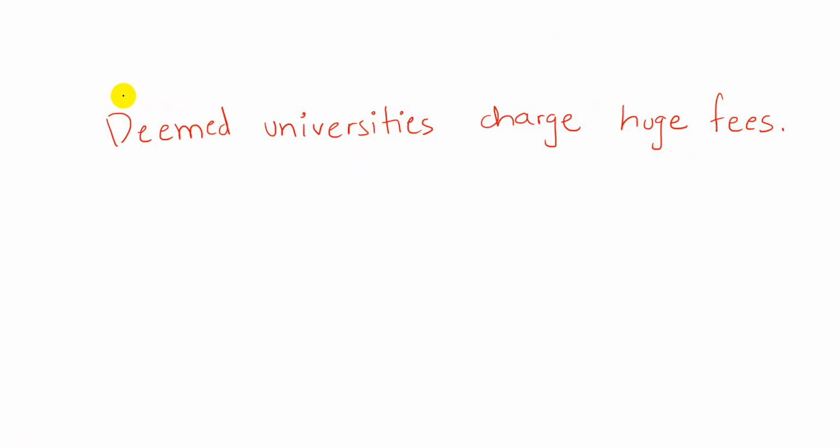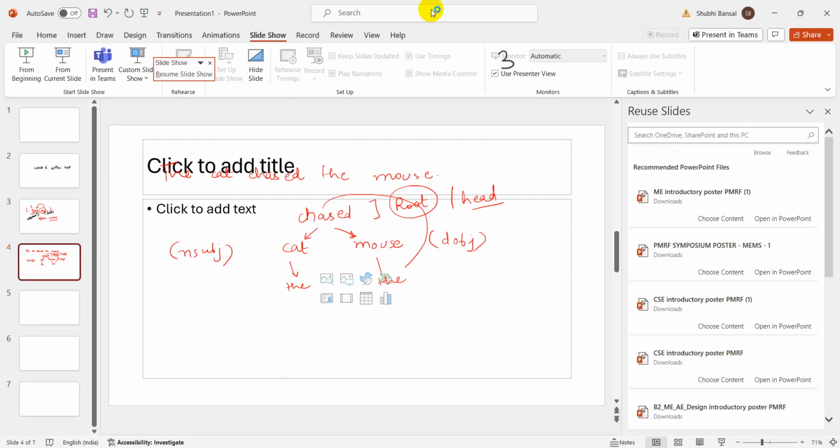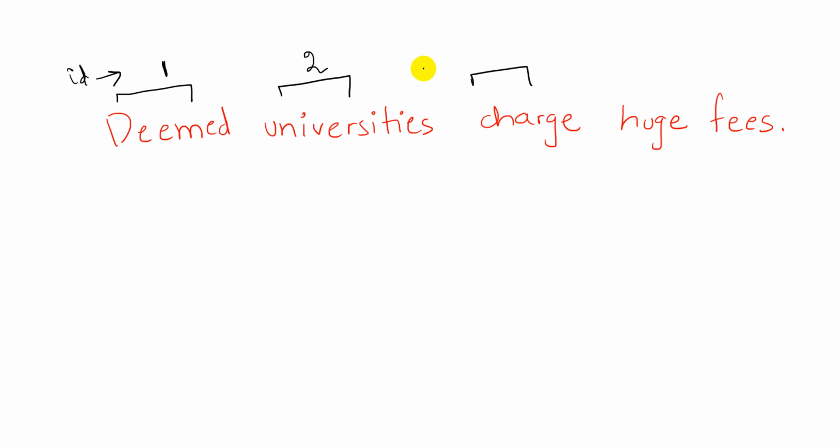So each word is taken as one ID. These are the IDs: one, two, three, four, five. Will the full stop also be given an ID or not? What do you think?